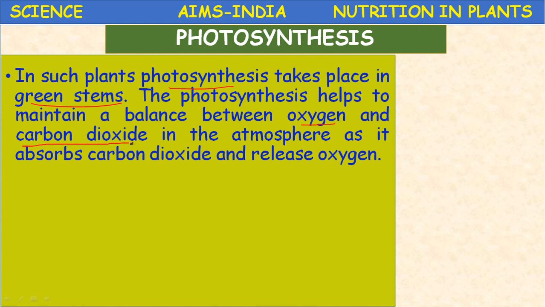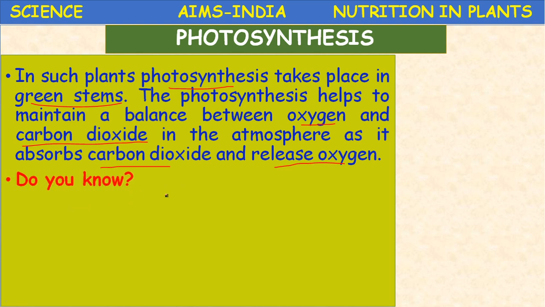It is the advantage of photosynthesis. The percentage of carbon dioxide and oxygen in the atmosphere is maintained in balance by which process? By photosynthesis. How? Because during photosynthesis carbon dioxide is absorbed and oxygen is released.